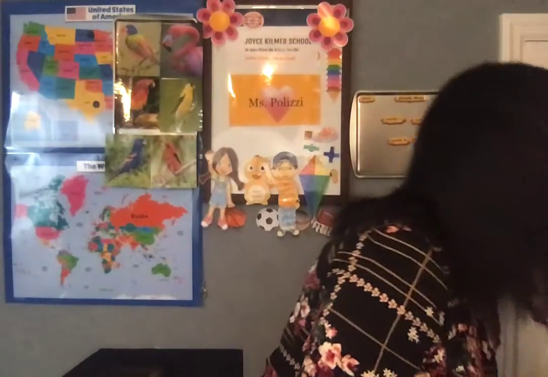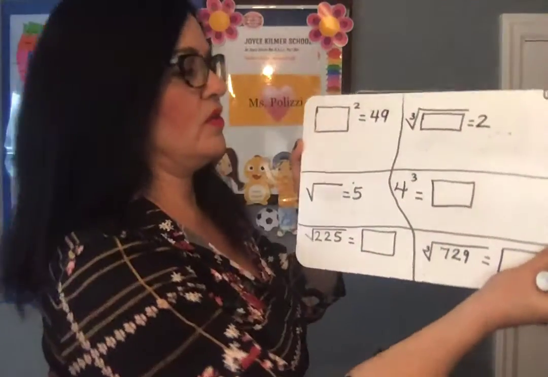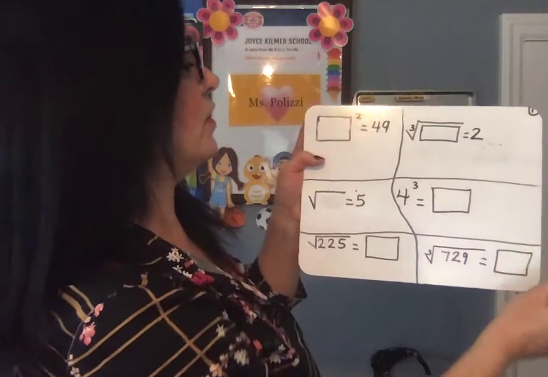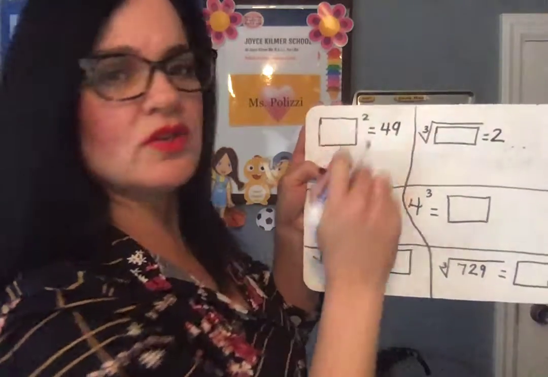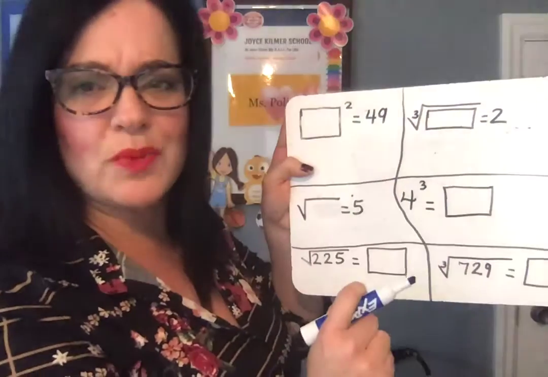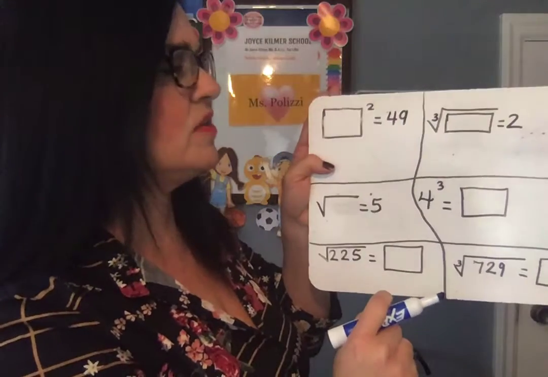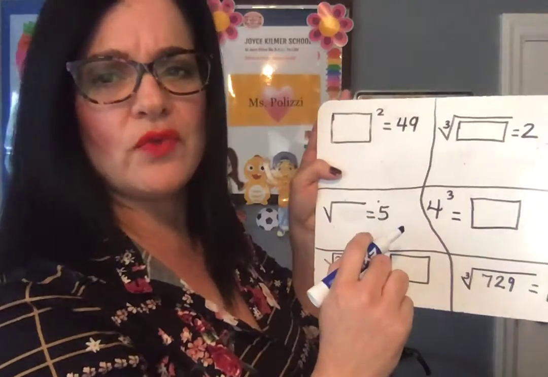All right, so on the first page, you may get some problems that look like this. So over here, you have something squared. That little exponent 2 is something squared, equals 49.